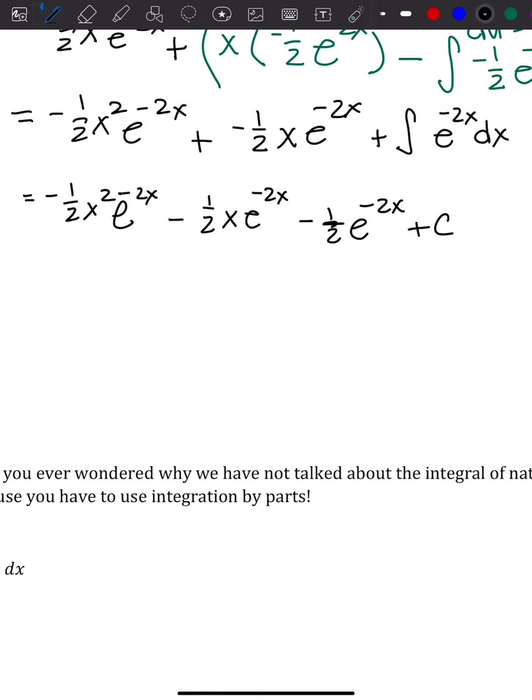The only other thing we might do is simplify this, so factor out what they have in common. So I might factor out a negative 1/2 and everything else. And I even dropped a 1/2, so we're going to put that 1/2 back in.